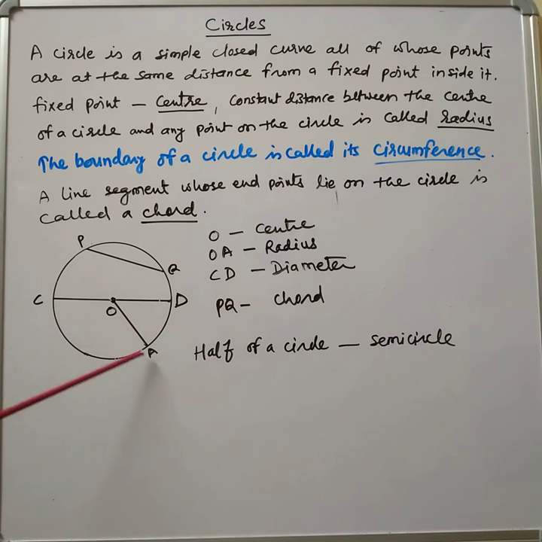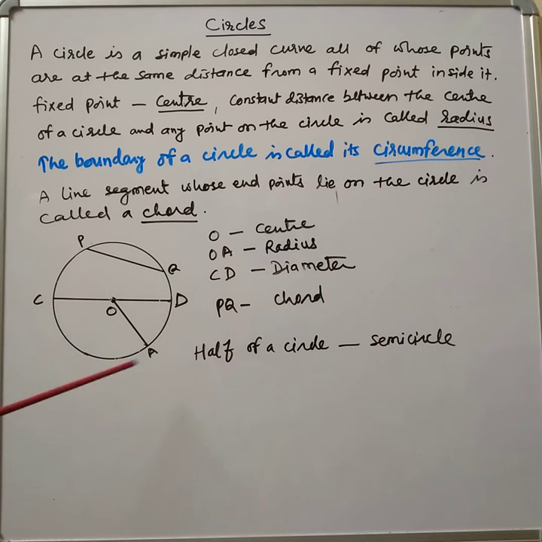So OA, where O is the fixed point and A is any point on the circle. The distance between the center and any point on the circle is called the radius. So OA is a radius, OD is a radius, OC is a radius. So there are infinite numbers of radii in a circle.